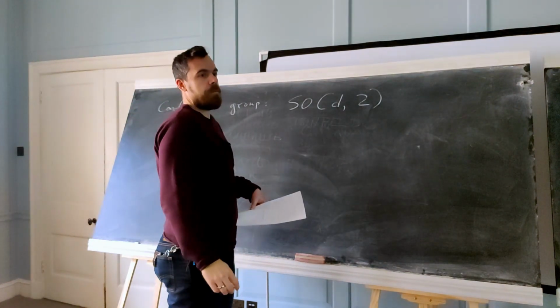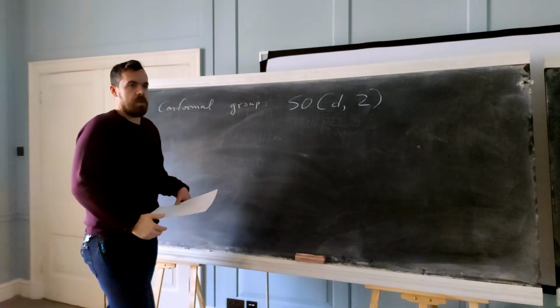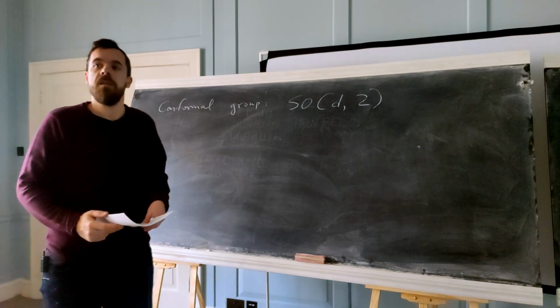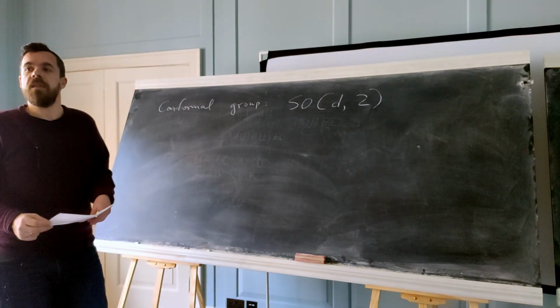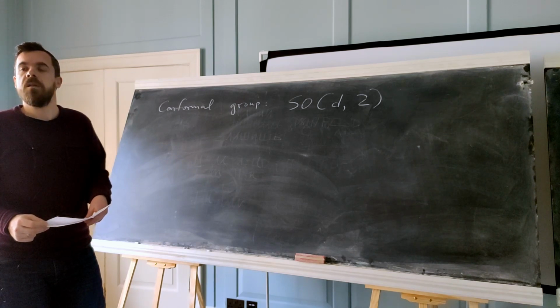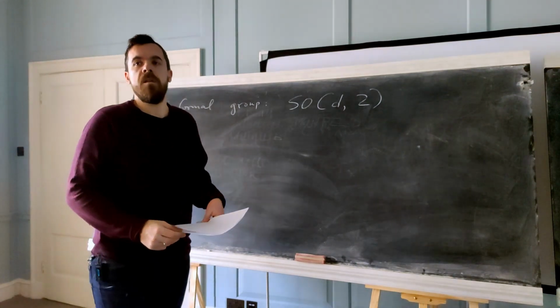I think he's saying that SO(D+1, 1) is the conformal group for D. Oh yes, of course. So, here you want to rotate, so you want to do SO(D+2), but then it's not the conformal group either. No, it's not.